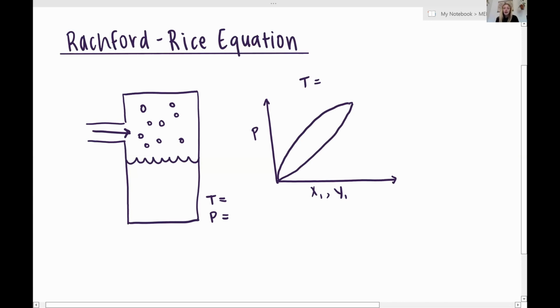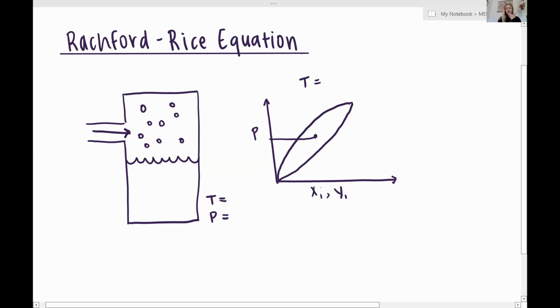And if you remember, we had our dew pressure as the lower curve here and bubble pressure as the upper curve. And with our flash drum, we are actually going to be at a point between these two curves. So at some pressure that we are given, we can use this graph and information that we learned from before to calculate what our mole fractions are going to be.